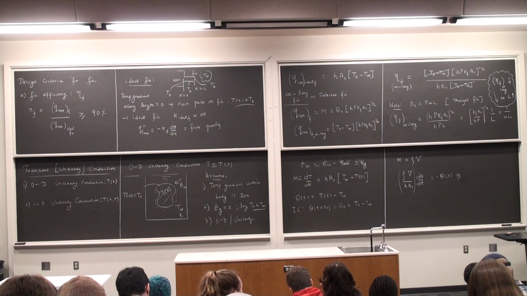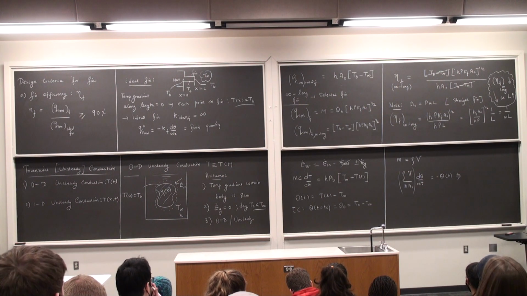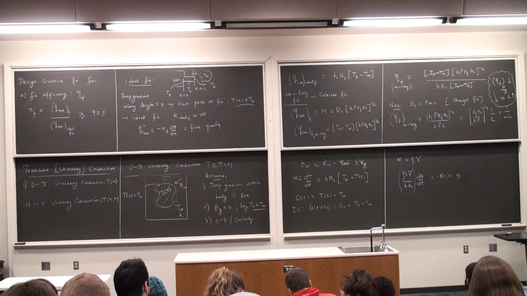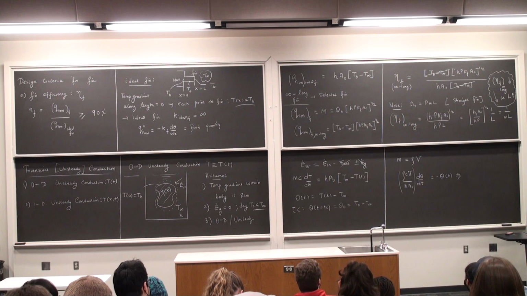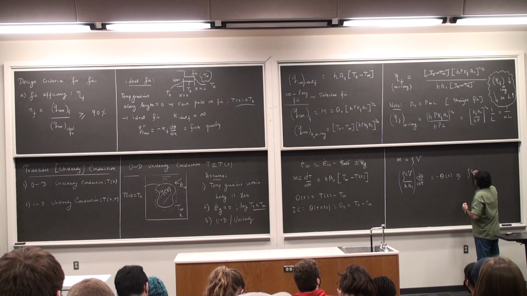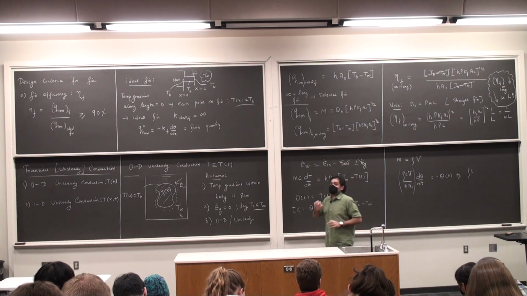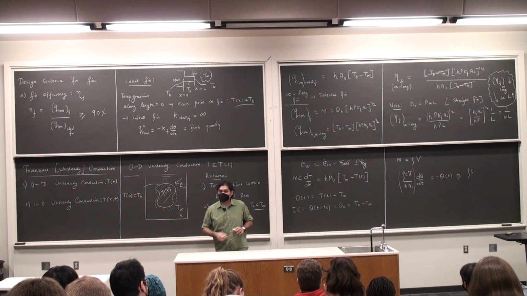Yes, sir. What's happening to the c? That's a good question. I swallowed it. Next. Okay, so if I rearrange this, I have the following. So rho c. Watch this. The ratio of volume by the surface area, I'm going to call it a characteristic length L suffix c. Okay.